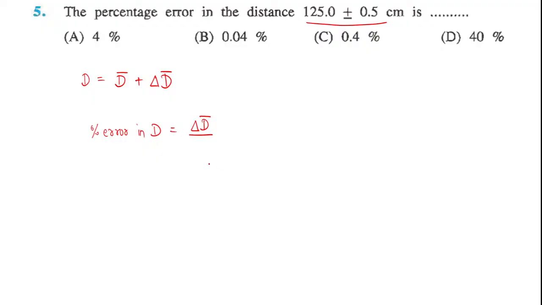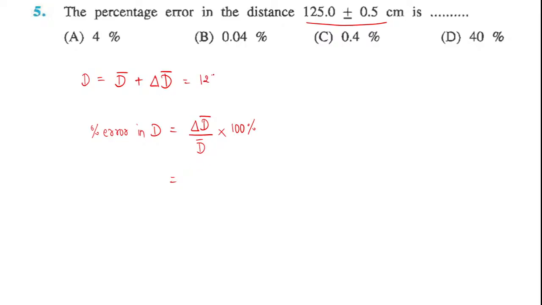Okay, so I'll continue. It's the average error over here, and I'll divide it by the average reading, and obviously I'll multiply by 100%. So, see, delta D, I'll just write down the things also.